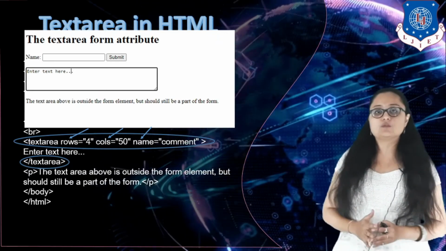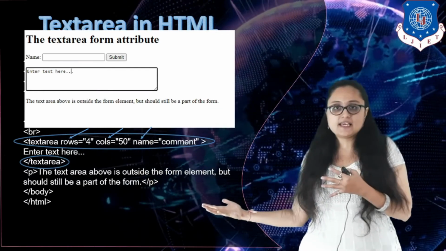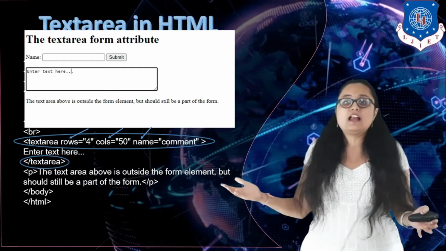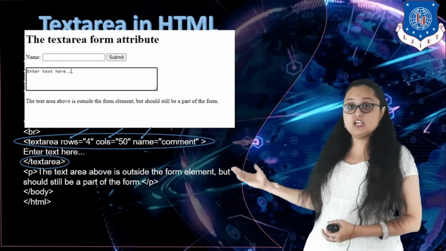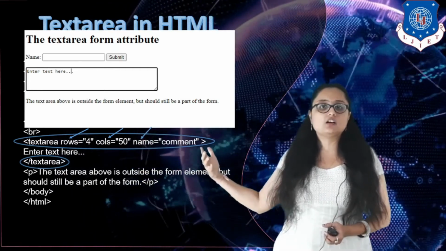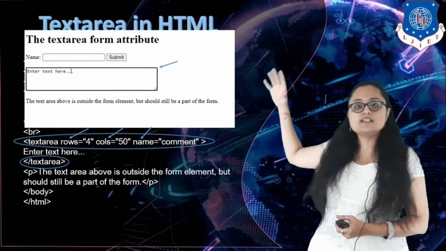Input was an element where, if you don't complete input explicitly with an end tag, it was okay, that was a standalone tag. Whereas text area, if you start text area, you must have a matching text area completion. That is very important, otherwise the outlook of text area will be different.